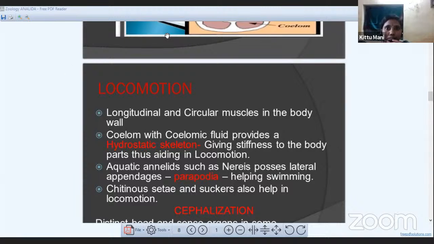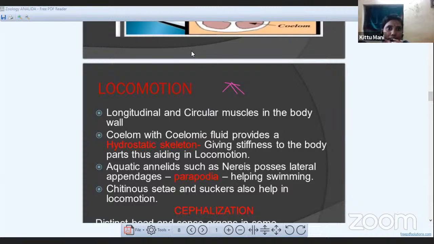And here, for example, it is the skin of the annelidal organism. In the body wall or skin, we observe three types of layers. What are they? We will discuss. First of all, this is the cuticular layer.